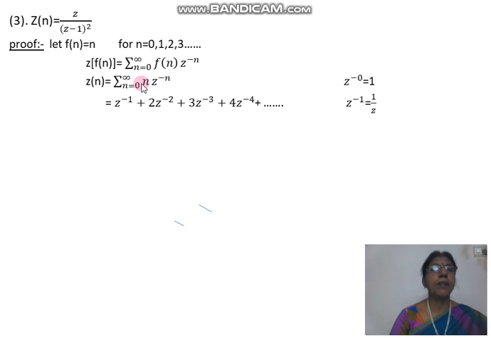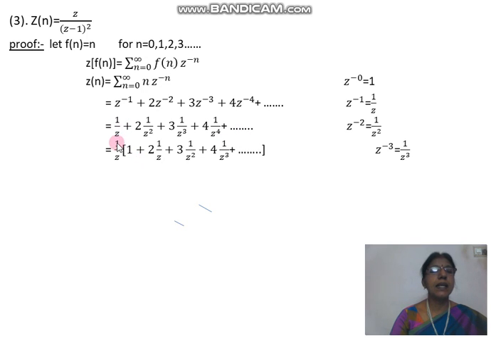Then 1 into z power minus 1, plus 2 into z power minus 2, plus 3 into z power minus 3, plus 4 into z power minus 4, and so on. Since z inverse is 1 by z and z power minus 2 is 1 by z square, this is 1 by z plus 2 into 1 by z square plus 3 into 1 by z cube, and so on.